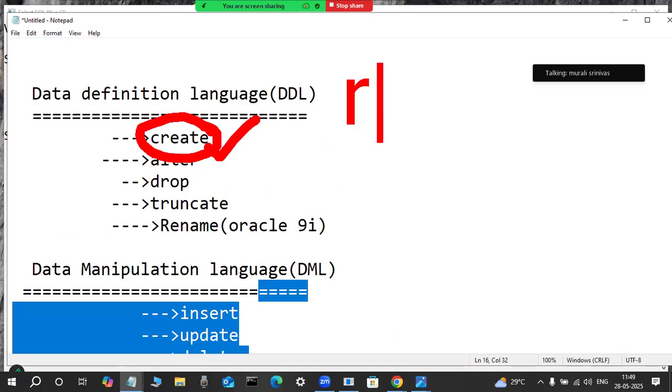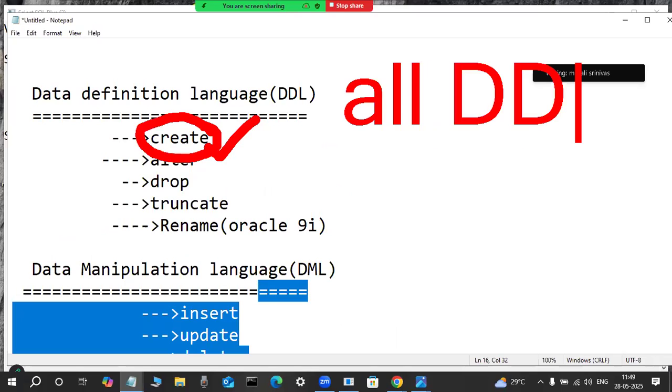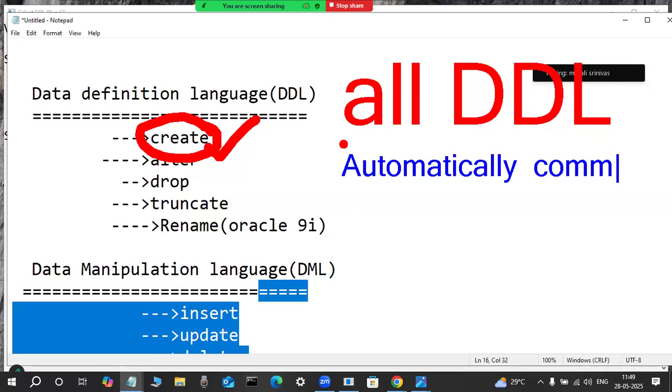In every relational database, the most powerful rule, by default: all DDL commands, meaning create, alter, drop, truncate, rename, whenever you use them in any database, are automatically committed. Automatic. You are not required to save. Those commands are automatically committed. Very, very important. There is a rule.